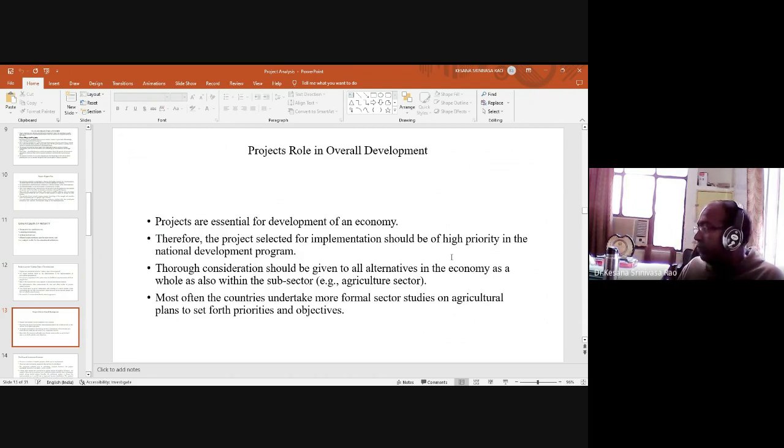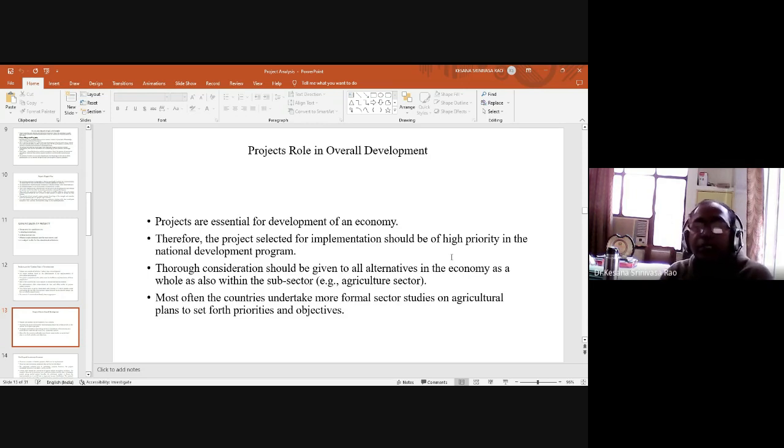Whether in the form of government or any type of agencies which perform activities, through those activities some type of problem has to be dealt with thoroughly, and the thorough results of that activity will give good results. Then the overall development can be achieved. That is how the project's role in overall development can be seen.